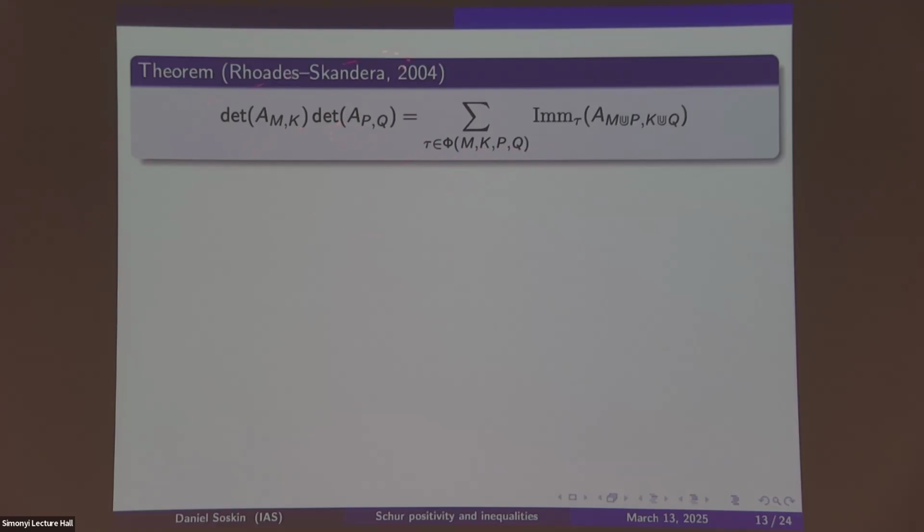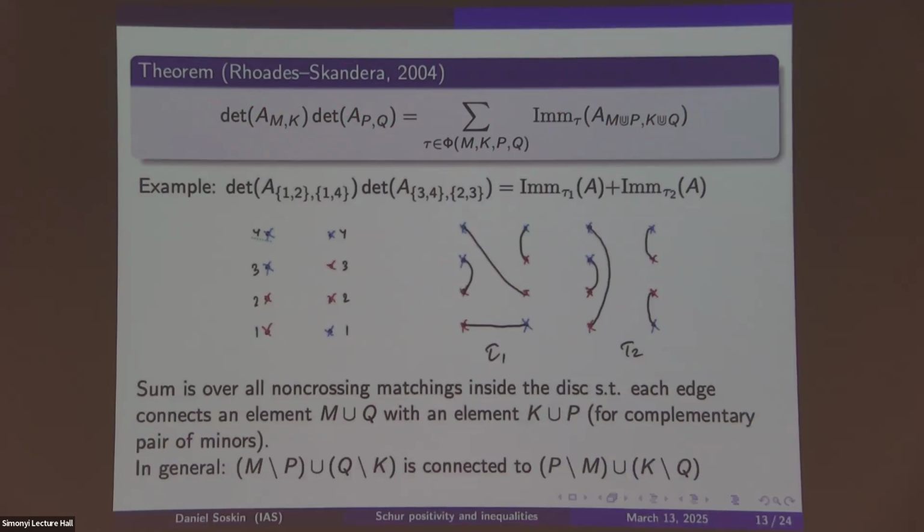So they give the rule for how to write a product of any two minors as a linear combination of some elements. Sorry, are there any restrictions on the matrix A? No, it's just a general identity.